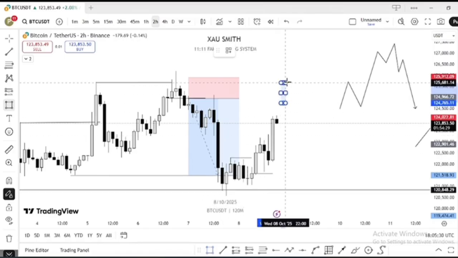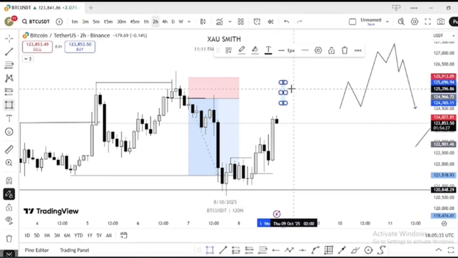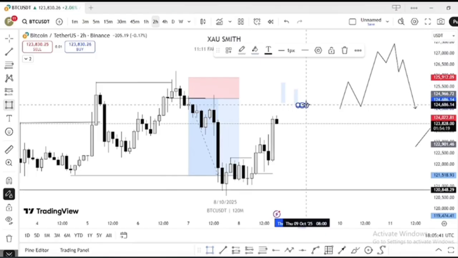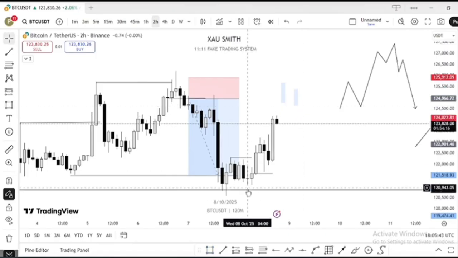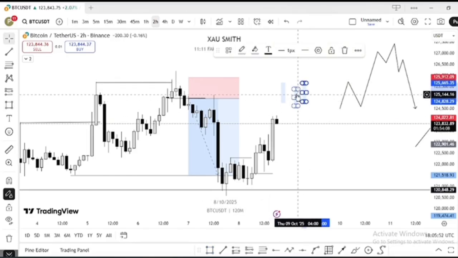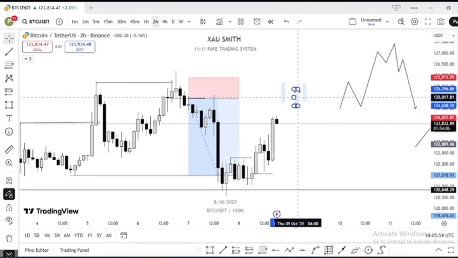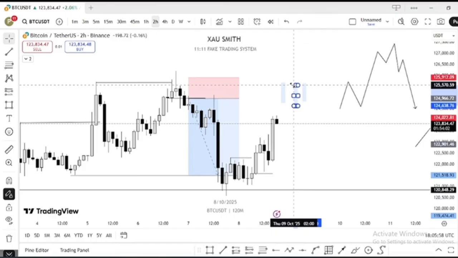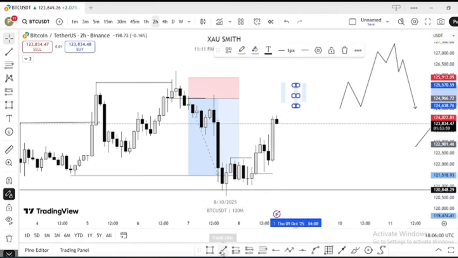When you have something like this, a 3 candlestick formation, let me put it this way, the 3 candlestick formation can be a swing high, something like this, and you have the wicks, right?